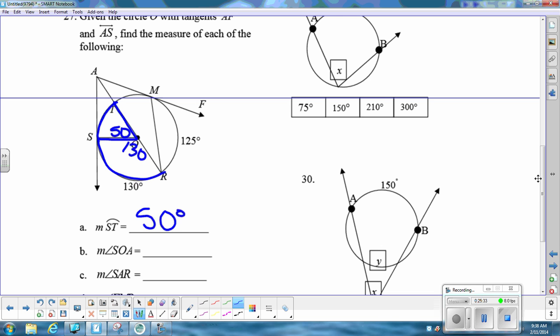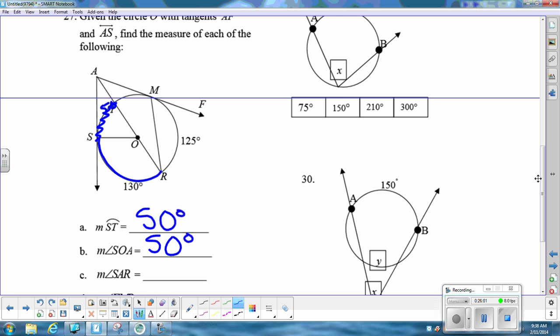So then angle SOA is also 50 degrees because we just found that. You also could have done that since RS was 130 and ST was the rest of it to make the 180. 180 minus 130 is 50.